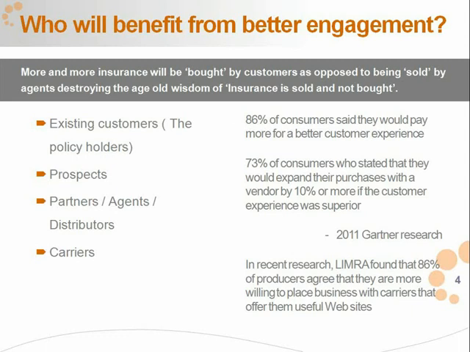We're talking about your channel, which is your partners, your agents, and your distributors, and how engagement can enable them to sell and distribute your products better, which eventually leads to more revenue and more efficiencies in your sales process. And then we'll also talk about carriers, who are an important part of the overall chain in the insurance business, and how they can also benefit from better engagement on digital.